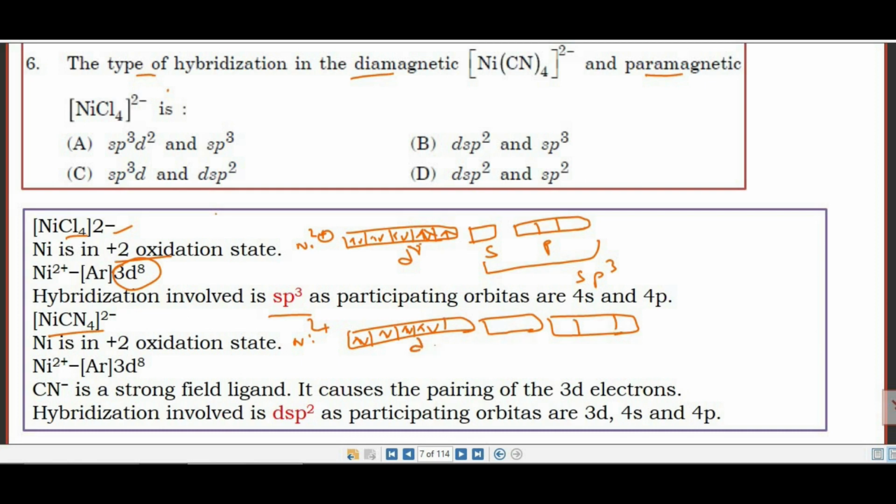And a d orbital, s, and p orbitals, and hybridization will be dsp2. So the answer is: in CN4, for strong ligand, hybridization is dsp2, and for weak ligand Cl4, hybridization is sp3. Answer B is correct.